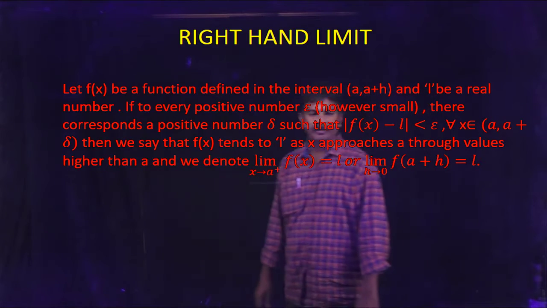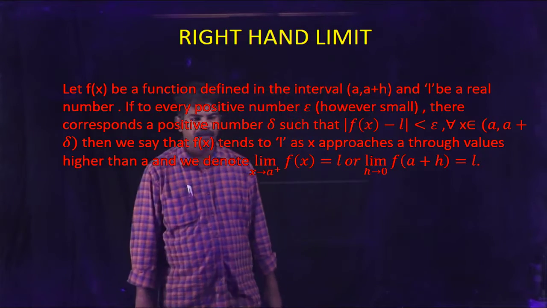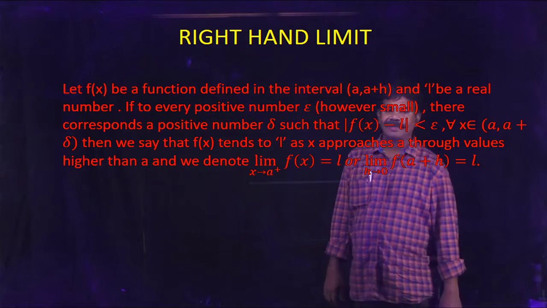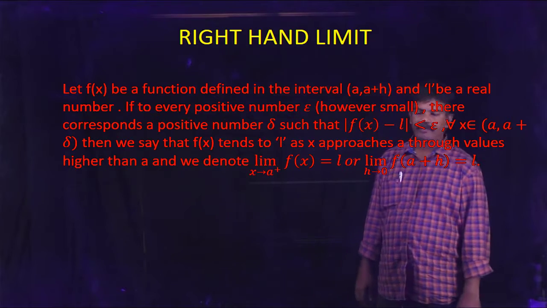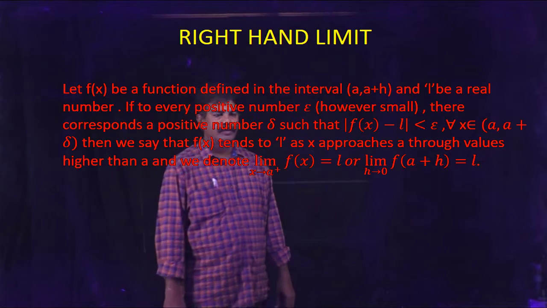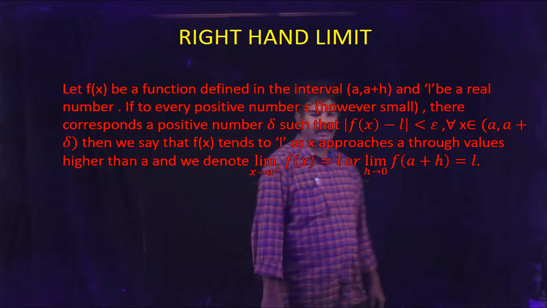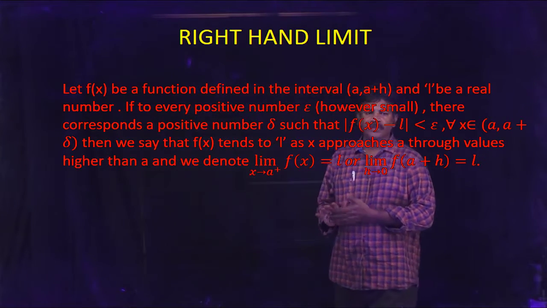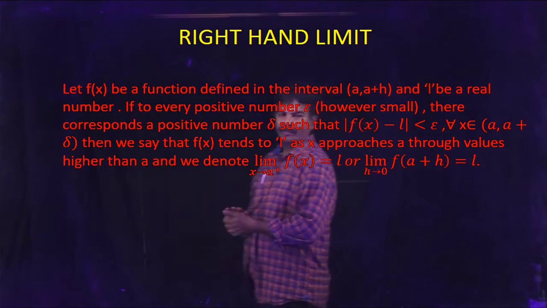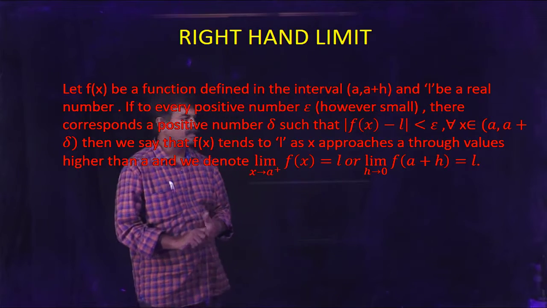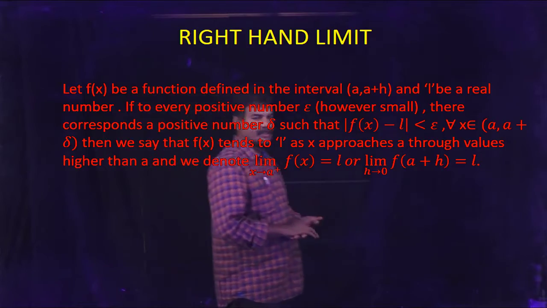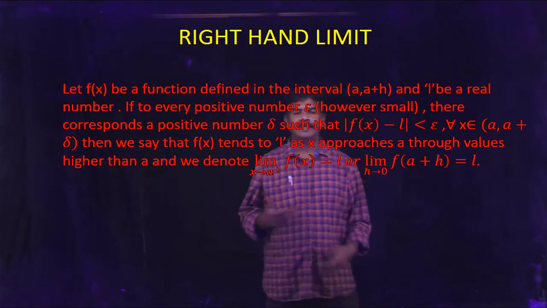If for every positive number epsilon, however small, there corresponds a positive number delta such that modulus of f of x minus L is less than epsilon for all x belonging to the open interval (a, a plus delta), then we say that f of x tends to L as x approaches a through values higher than a, and we denote limit x tends to a plus, f of x is equal to L, or limit h tends to 0, f of a plus h is equal to L. This is the right hand limit.